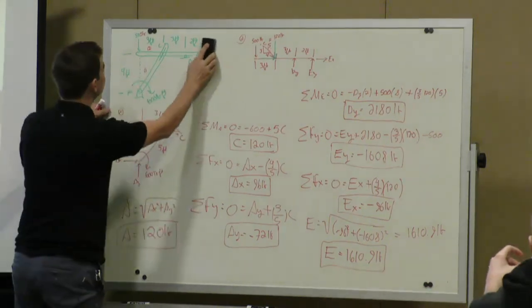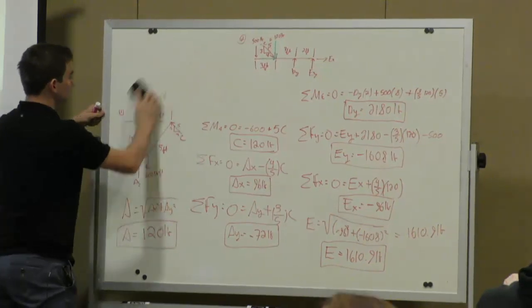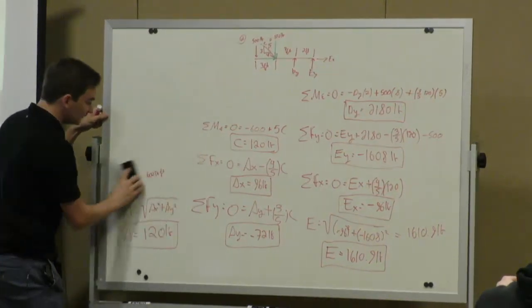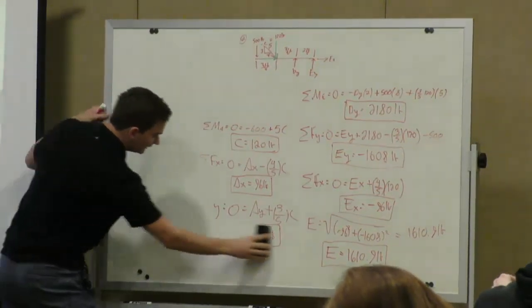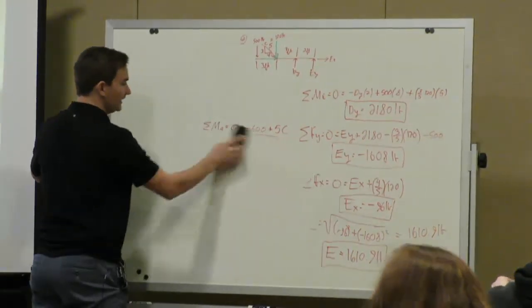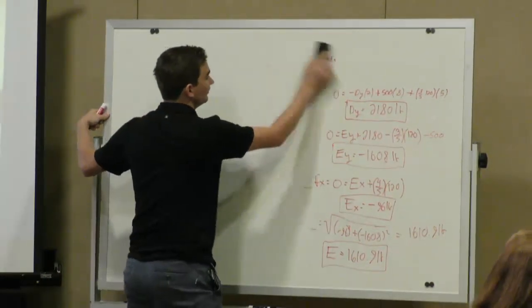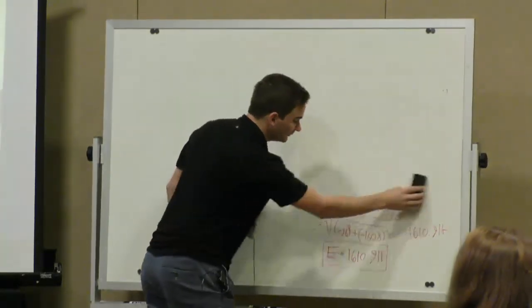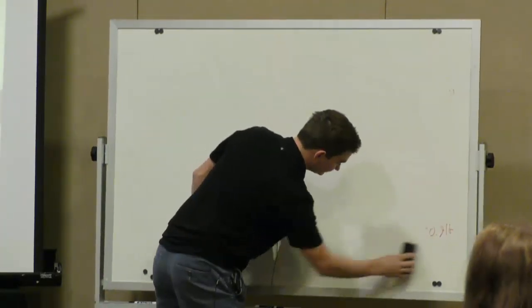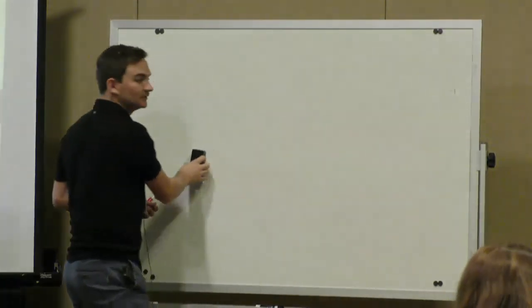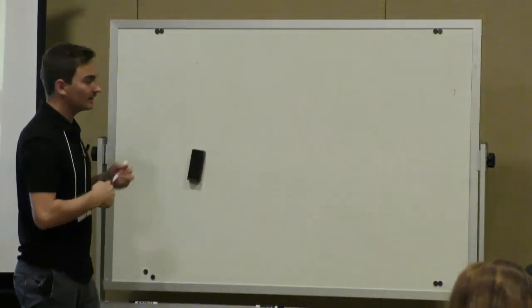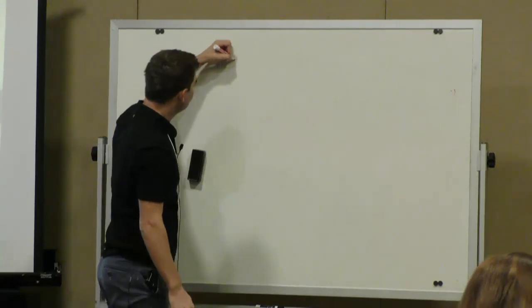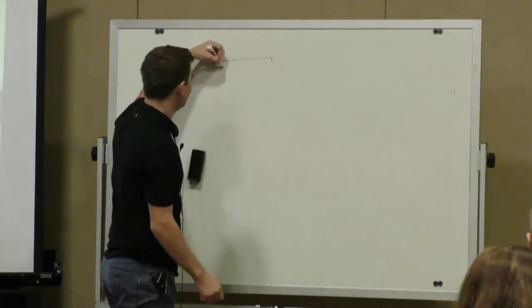So if you can take a beam and solve for the shear moment diagrams, then you should be pretty comfortable solving for equivalent systems. You don't have to copy this down, this is just an example.